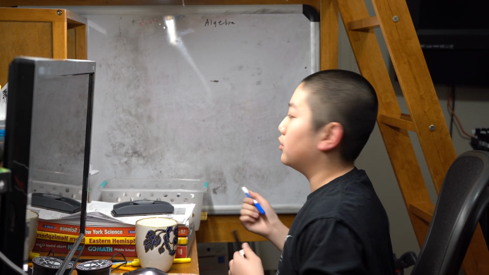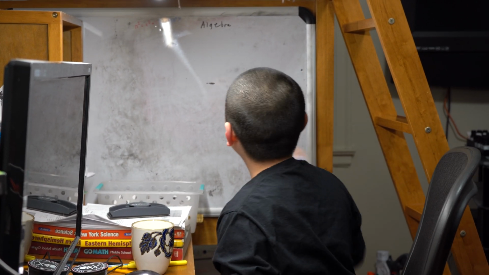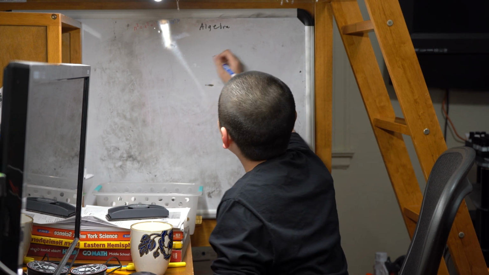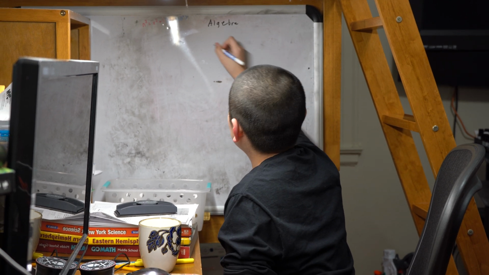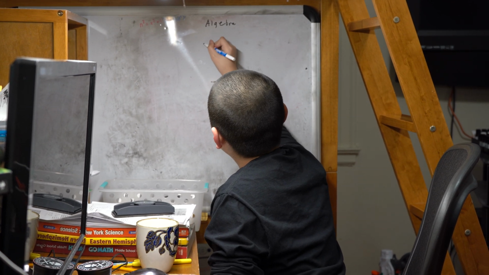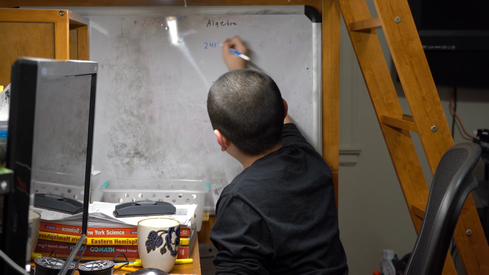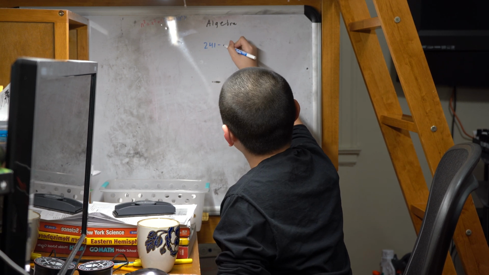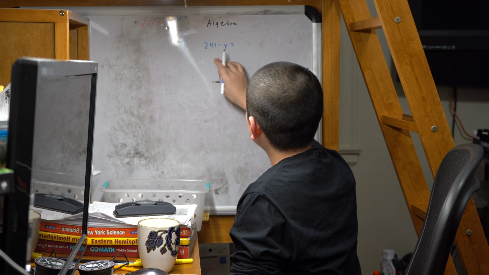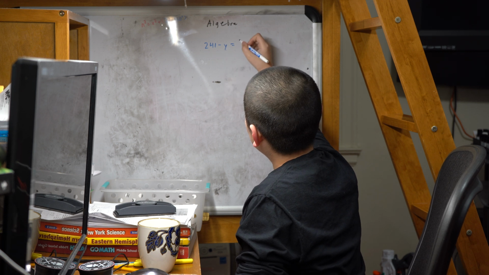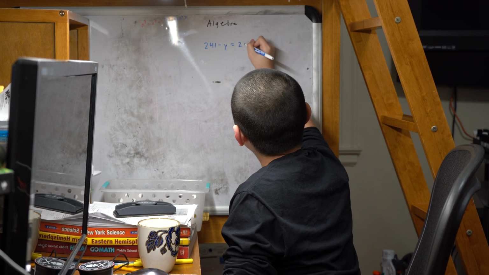That one you have a little more steps to do in some cases. So let's try an easier version. Let's try 241 minus y. We'll change it up, and this will equal 209.